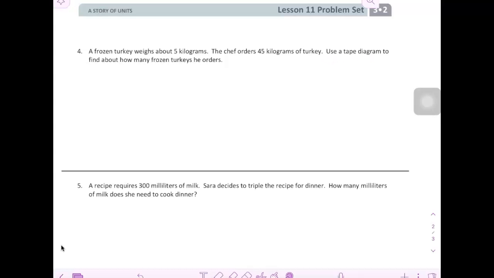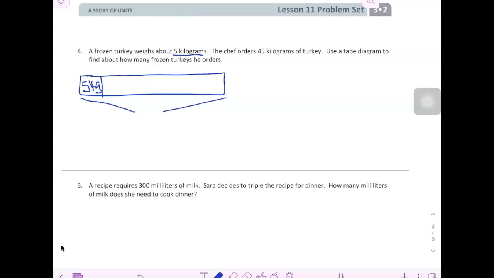Use a tape diagram to find about how many frozen turkeys he orders. So for this one, I know that each frozen turkey weighs about 5 kilograms. Our total, so if I think about my tape diagram, I know that each one weighs 5 kilograms, and our total weight of all the turkeys is 45 kilograms.